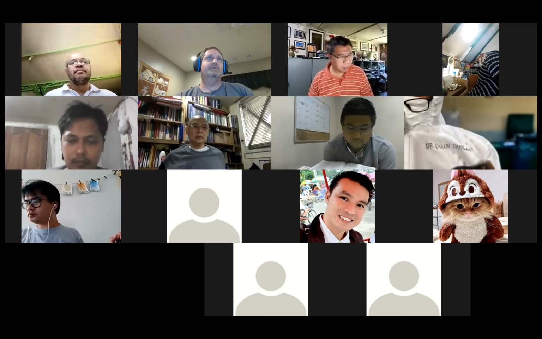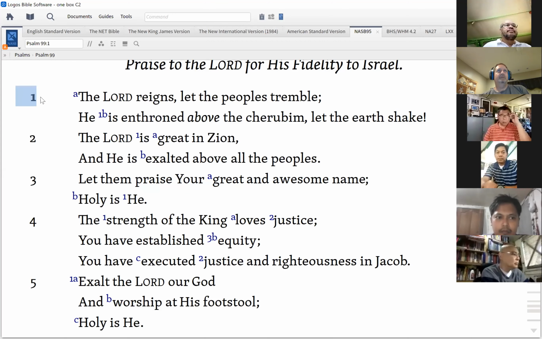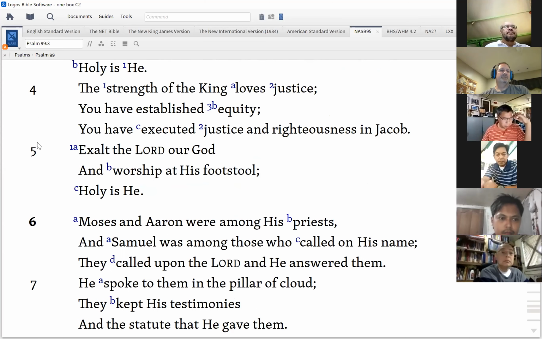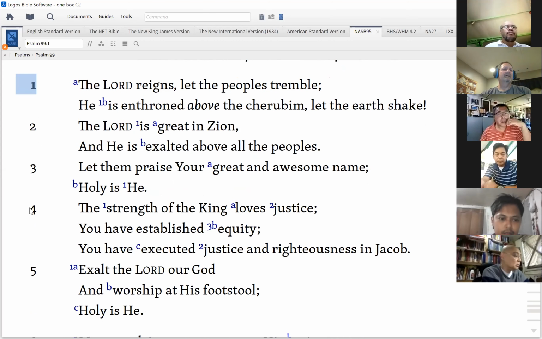Let me take us back to the Psalm here, and I'll show you. You can see this in your Bibles, but if we go to Psalm 99, which is where we're at, notice in the New American Standard translation how you see verse 1, can you tell that it's bolded? I don't know if that's obvious. It's in bold font. And then verse 4, that doesn't show up real well on this one.